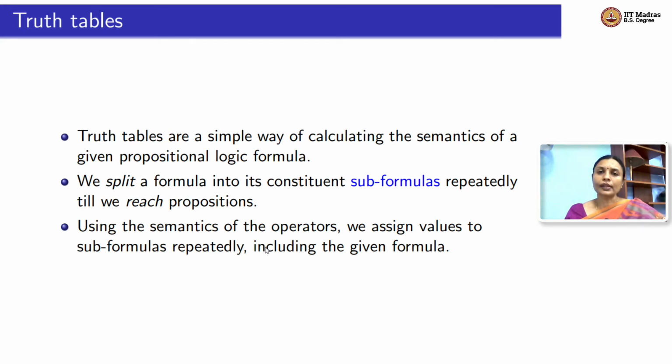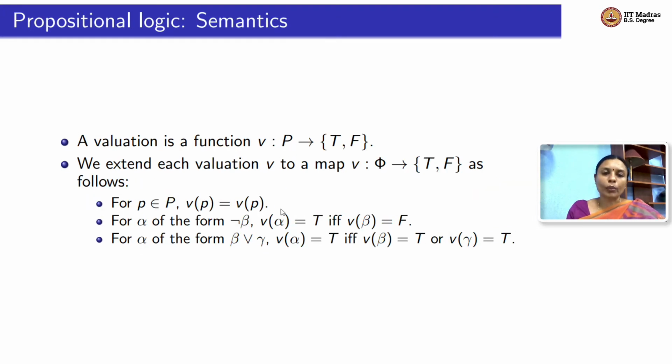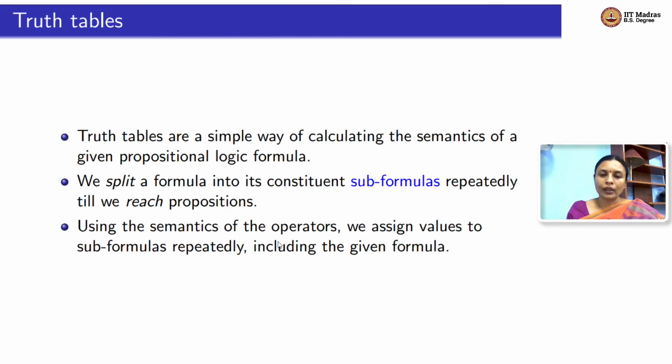The way it works, it takes the formula and breaks it up into smaller and smaller parts till we reach each individual atomic proposition. Then it makes each individual atomic proposition true and false in turn, and uses the meaning of individual operators like not, or, and to evaluate the formula.